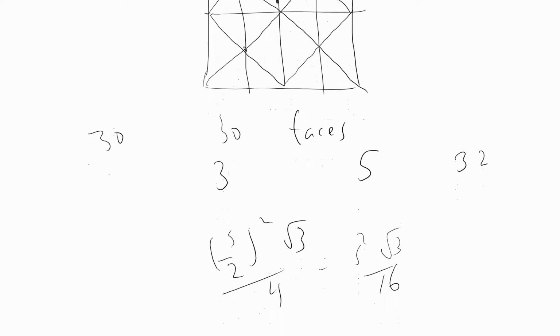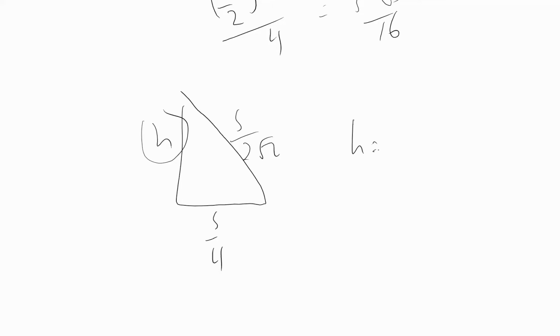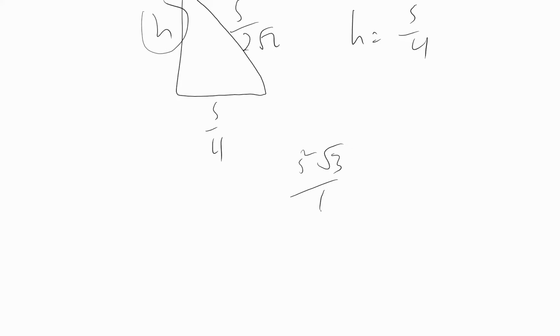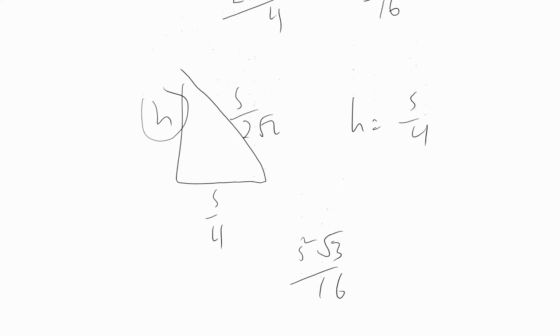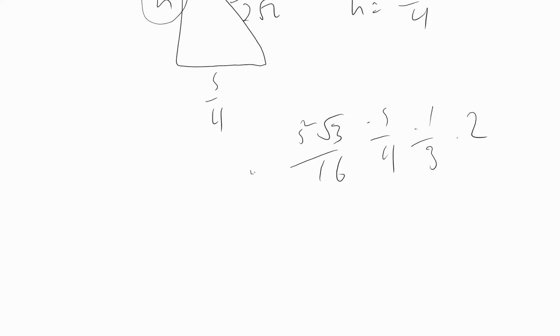If you calculate the height, you take a cross section and you get this is h. You get that h is equal to s over 4, so you get s squared root 3 over 16 times s over 4 times 1/3 times 2, and then you get that times 30 because there are 30 of those pieces.